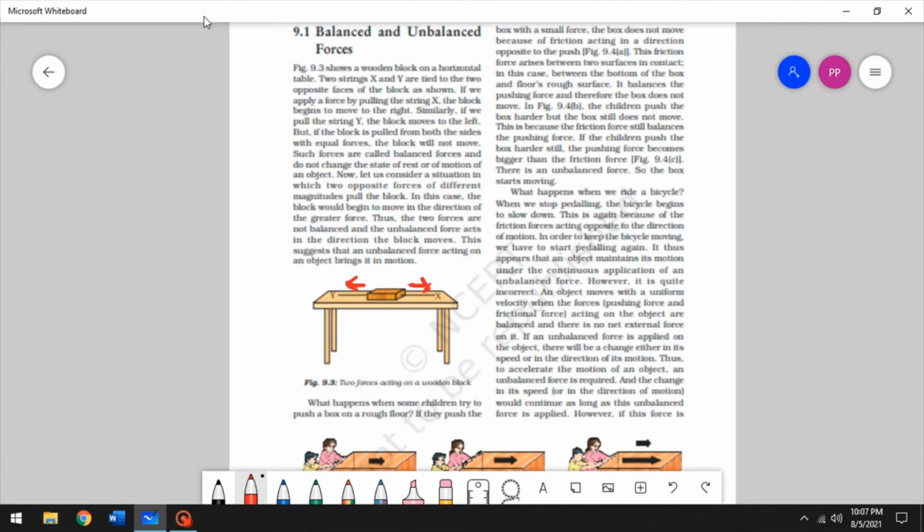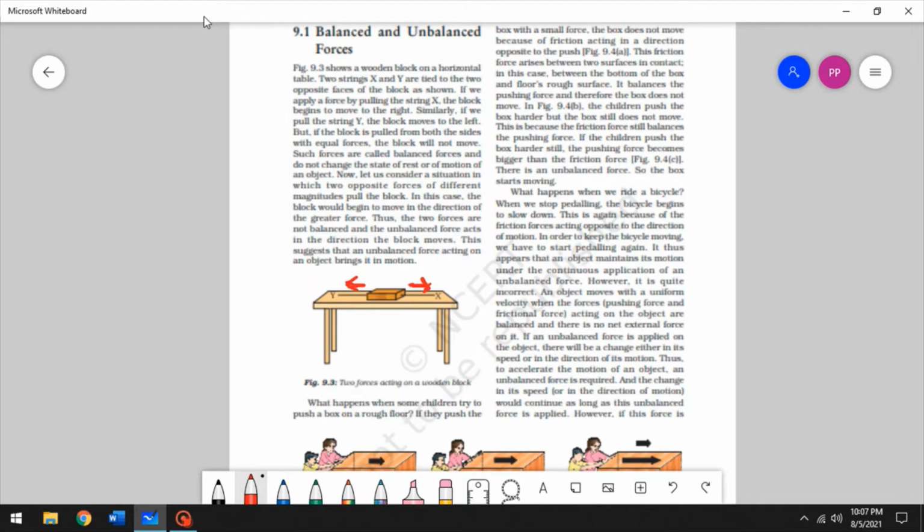Alright, so forces in which there are equal forces that are acting in opposite directions are called balanced forces. Alright, so balanced forces are the forces that do not change the state of rest or the state of motion of an object when equal force is applied. Alright, so in this definition the keywords are do not change and the state of rest or state of motion.